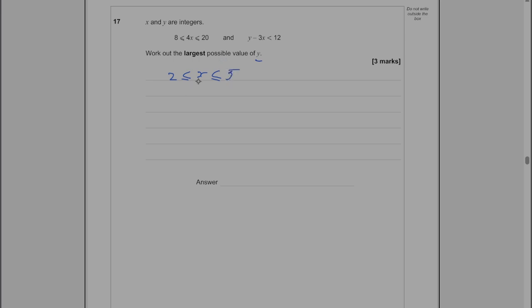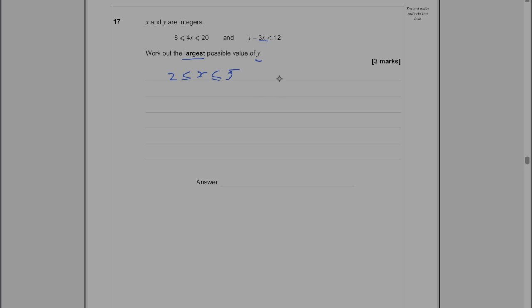So that means that x has got to be between 2 and 5, and then we've got our value for y here. So we want the largest possible value for y. So we need to take the smallest possible value for x here.